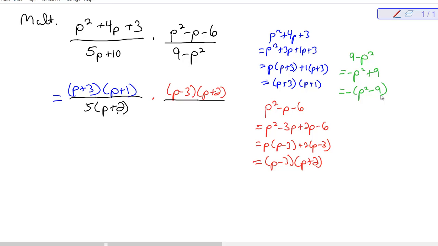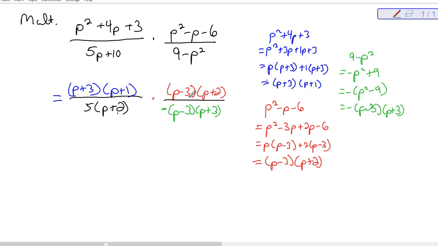Now I have a difference of squares. So that leaves me with a negative times p minus 3 and p plus 3. I have to make sure that I bring that negative over. So I get a negative times p minus 3 and p plus 3.